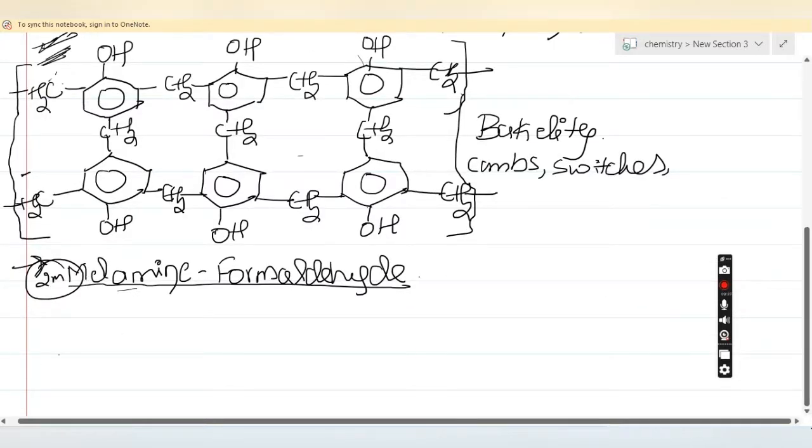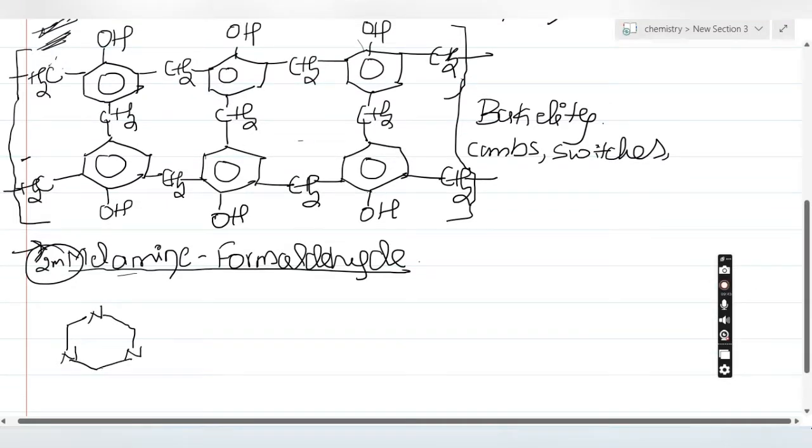Right now I am drawing the structure of melamine. Almost a benzene ring you have to draw, in which alternate carbon atoms should be replaced by nitrogen. Like this way everybody can draw this. Almost like benzene, the double bonds will be as usual present here and here and here.